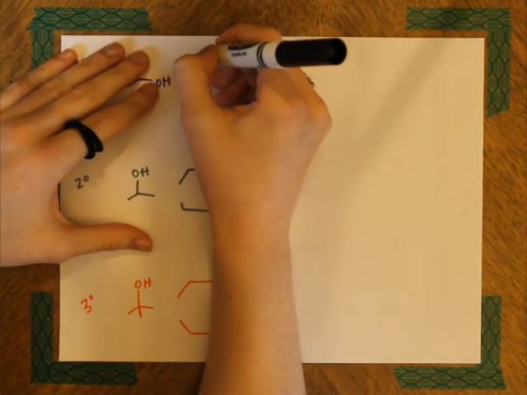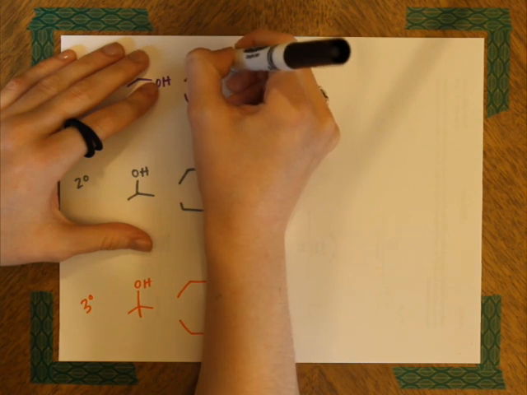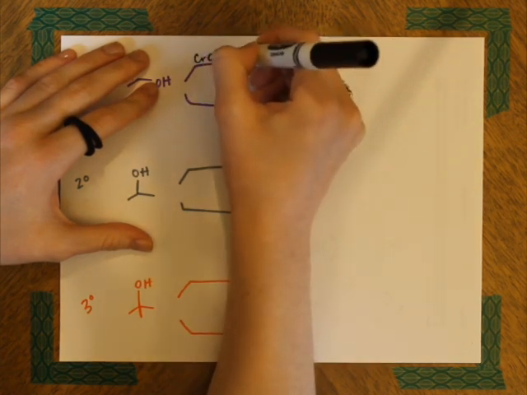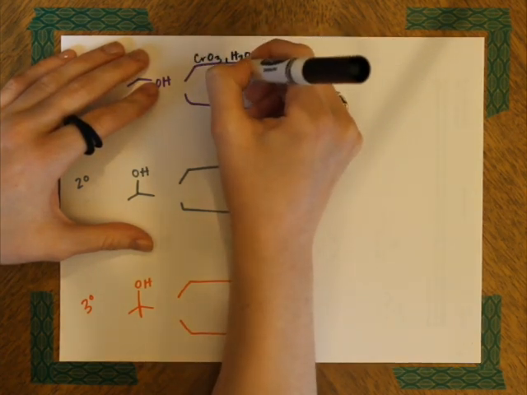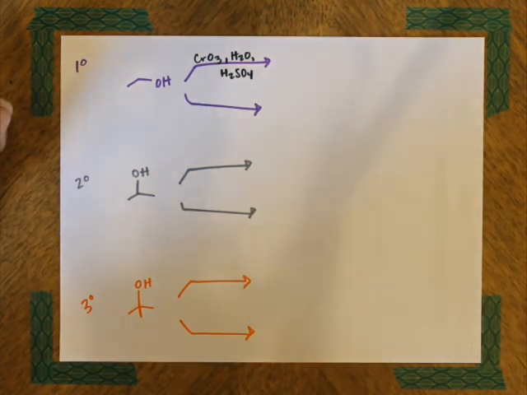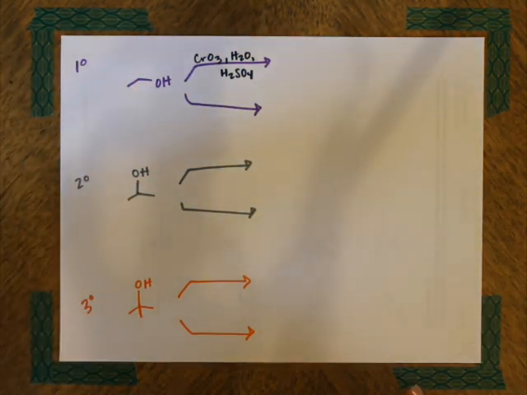So let's just say here we'll do Jones with CrO3. Remember, it doesn't actually matter what's above or below the arrow. That is irrelevant.